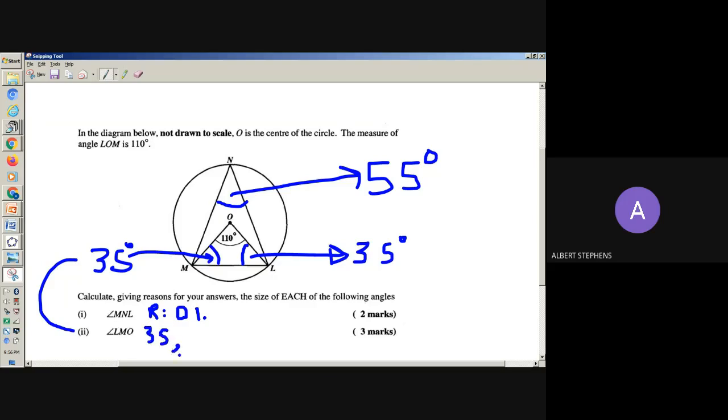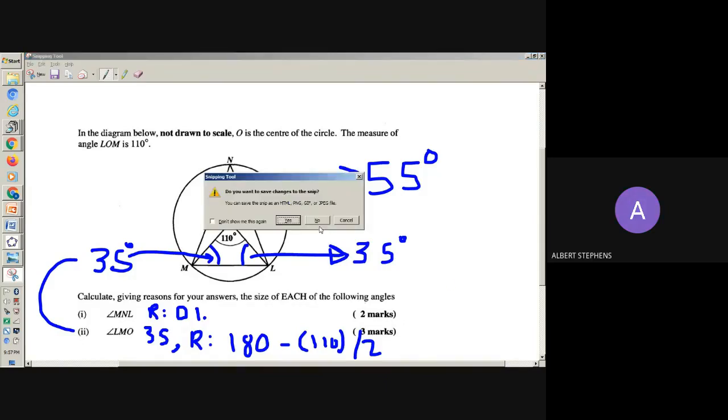All right, and the reason would be, let me tell you, if you put 180 subtract 110 divided by 2, you'll get the full marks. Or you could say angles in an isosceles triangle add up to 180. Get it, class? Yes, sir. All right, good.